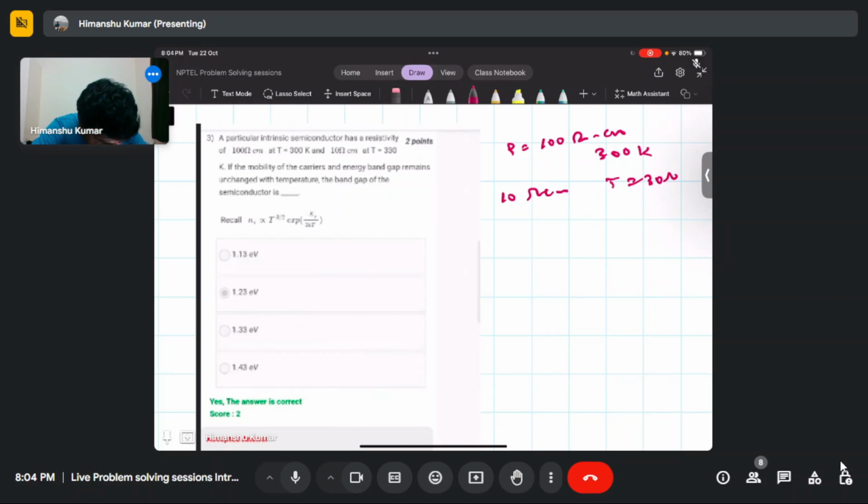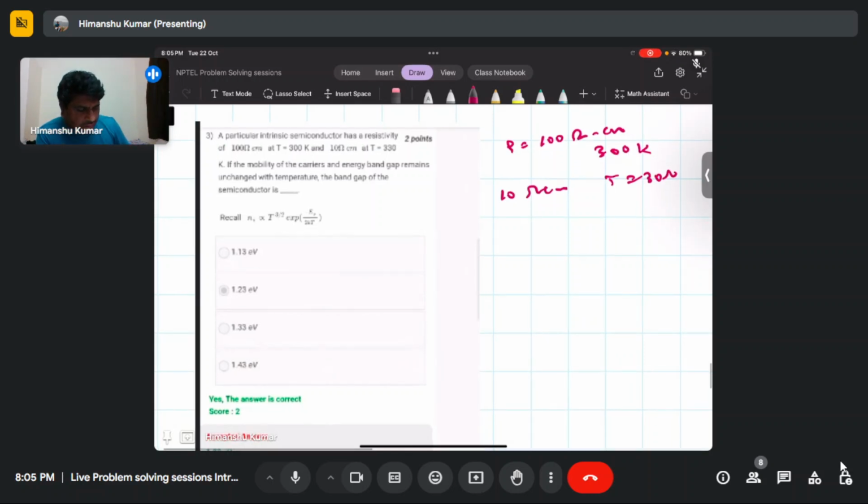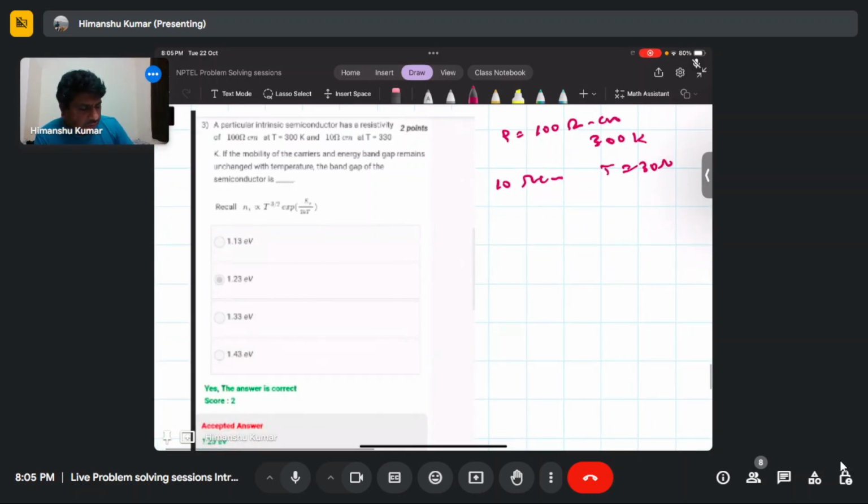So basically, you have the resistivity, and you can calculate based on this.